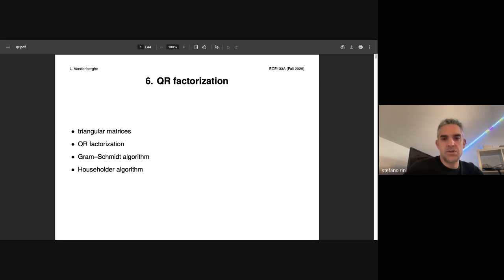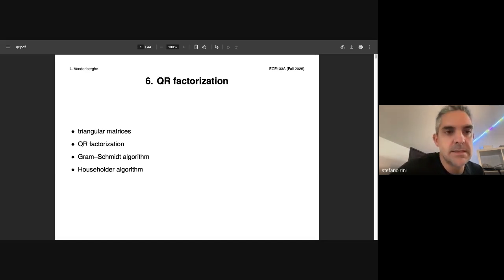then we can switch the sign so that we have a definition in which Rii is greater than 0. And so this will give us a decomposition of the matrix A as the product of a matrix Q and a matrix R, which is unique. Okay, so if you fix the diagonal of R to be positive, then you will have a unique factorization.